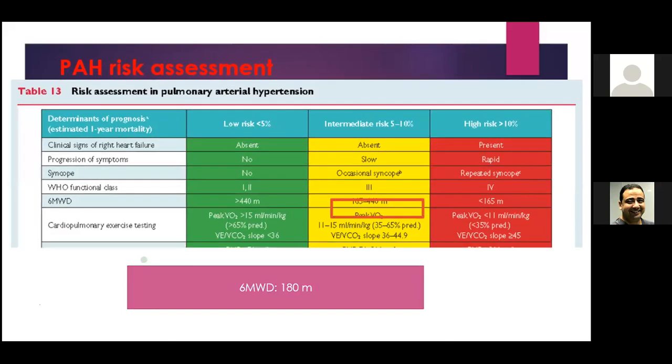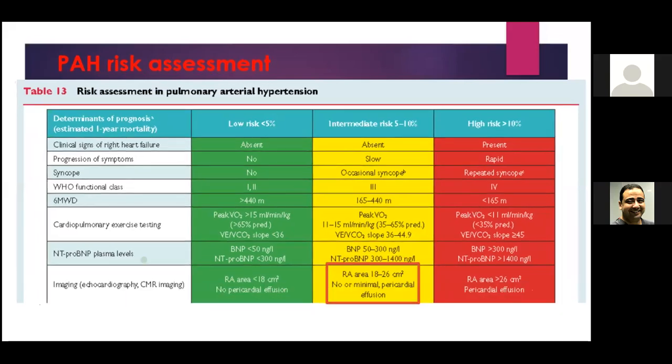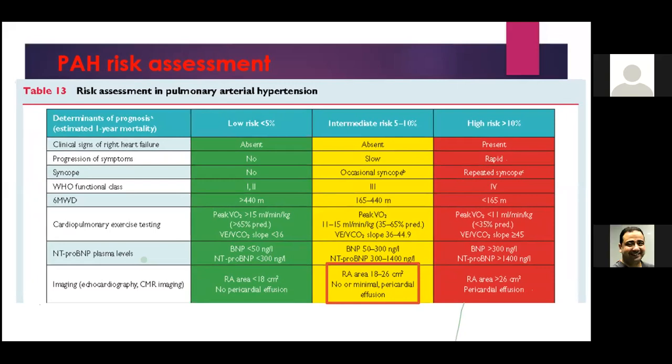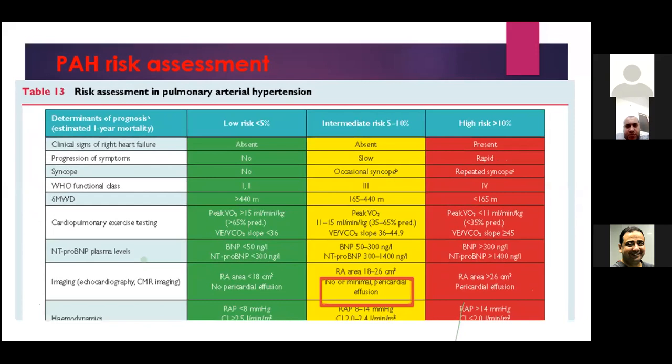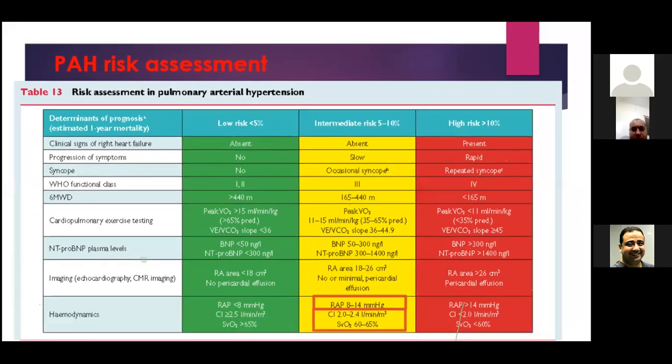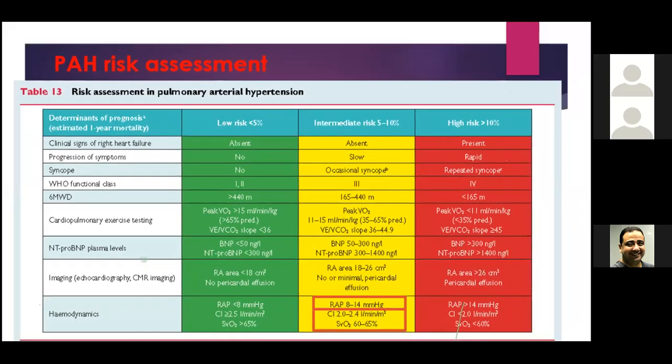We have investigation parameters such as the NT-proBNP, and the imaging for echo, which comments about the right atrial area and the pericardial effusion as risk criteria for pulmonary arterial hypertension. And of course, we have the hemodynamics, which consist of the right atrial pressure, the cardiac index, and the mixed venous oxygen saturation.